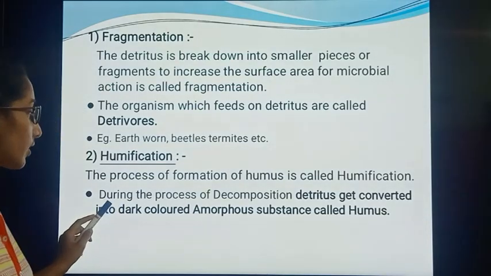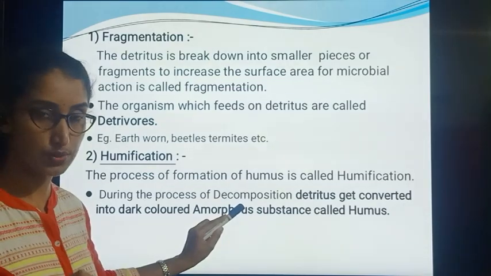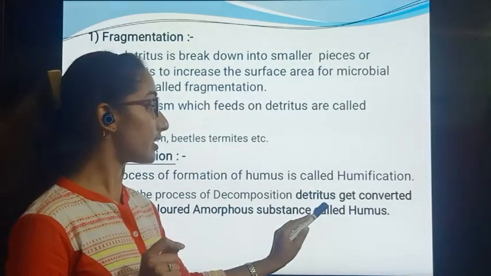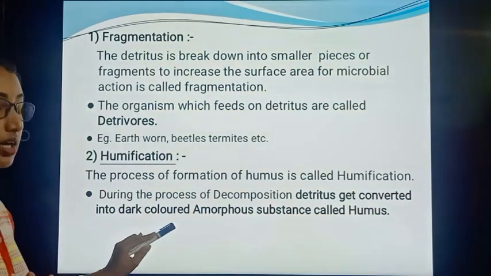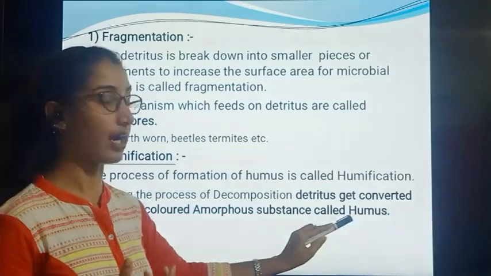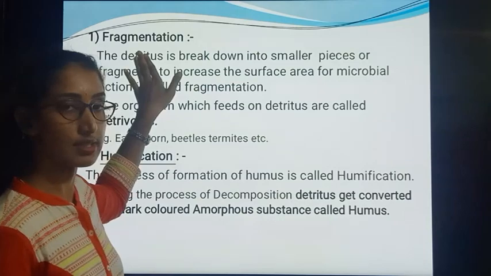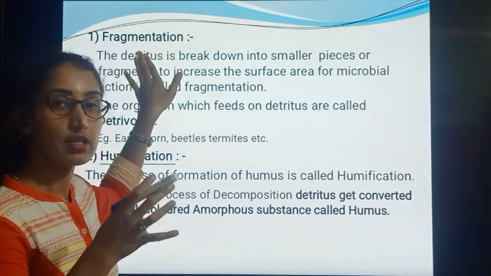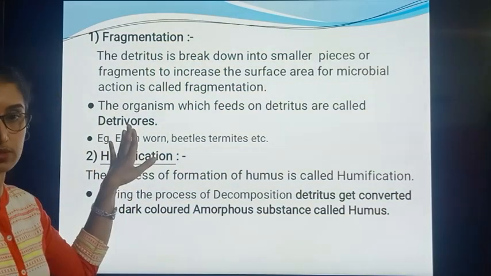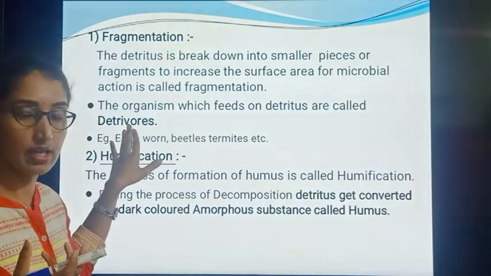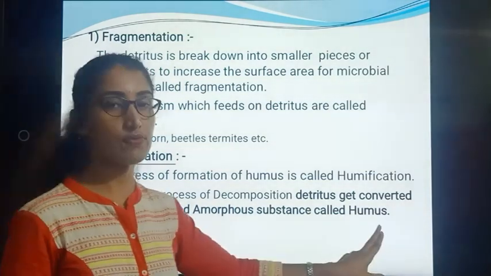How does humification take place? During the process of decomposition, the detritus gets converted into a dark colored amorphous substance, and that itself is called humus. This detritus is digested, or broken down with the help of detritivores, and the substance we obtain is in the form of humus.